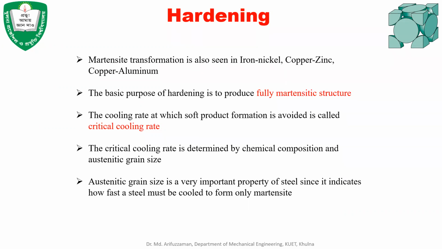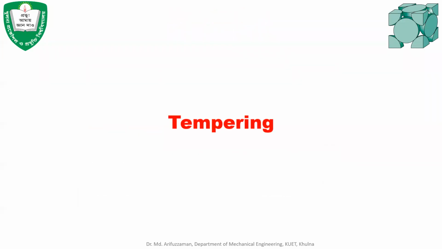If you heat it at a higher temperature, you will get a larger austenitic grain size, and in that case you might have to use a different cooling rate than for a smaller austenitic grain structure. So the austenitic grain size is a very important factor for steel to form a martensitic structure. That means the cooling rate can be determined using the austenitic grain size.